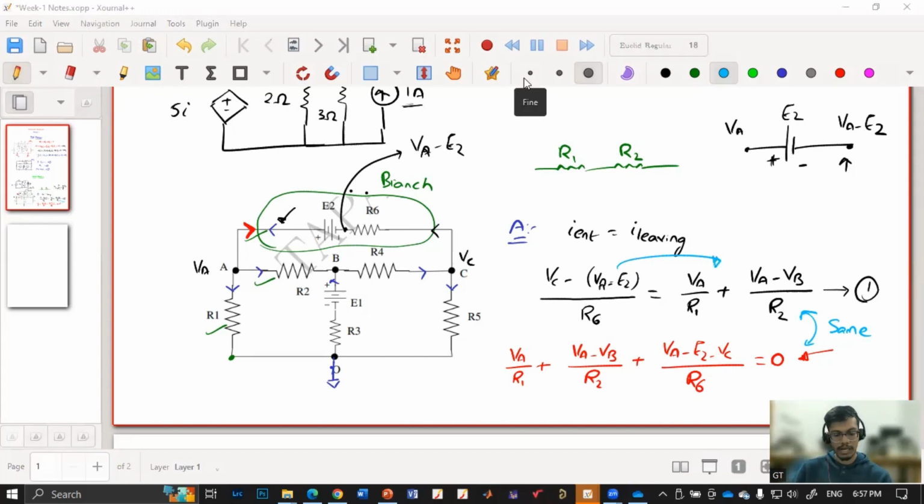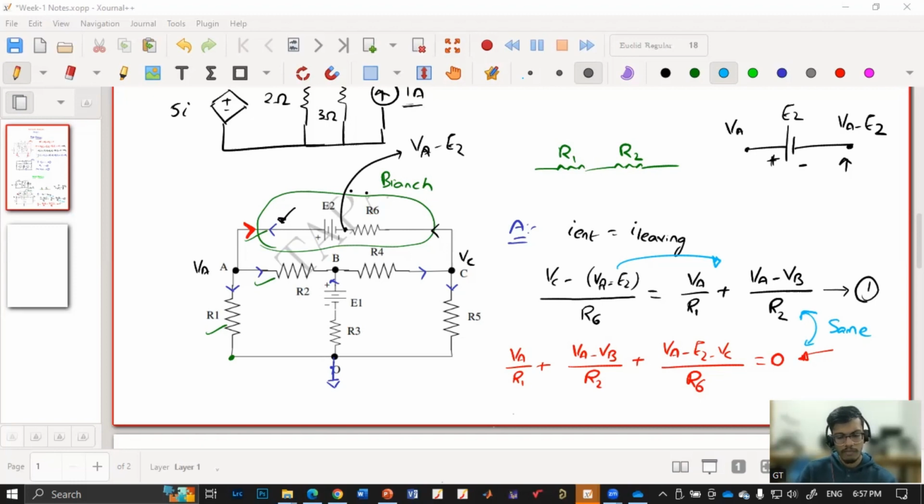So the equation will not change. It depends upon your convention, because in your case you have assumed the current is flowing from VA to VC. In my case, I have assumed the current is flowing from VC to VA. Say by your method you got the current in this branch to be 1 ampere. If I do it my way, I'll get minus 1 ampere. That minus means the current direction is opposite. So whatever you have selected is the current direction.